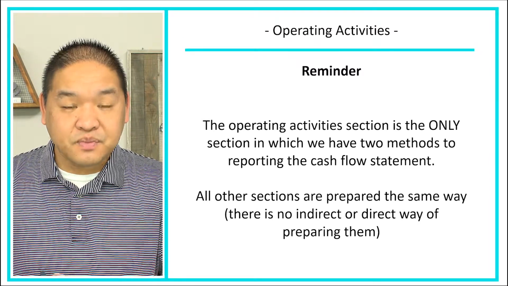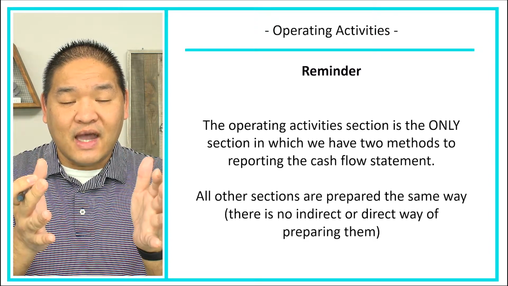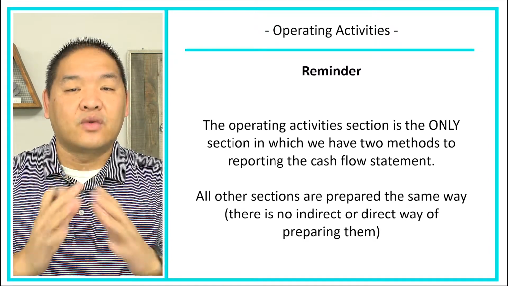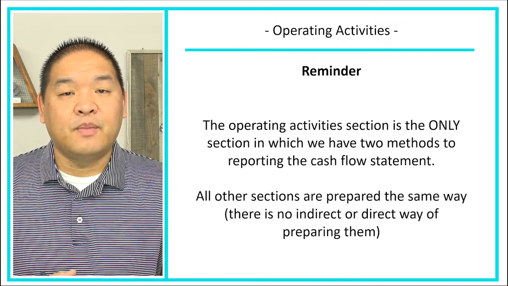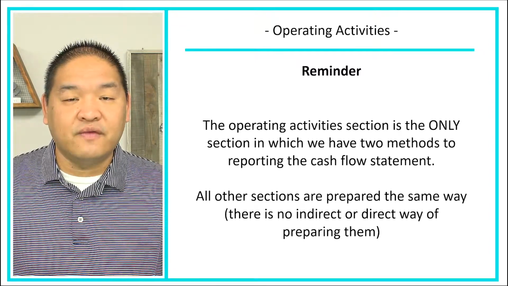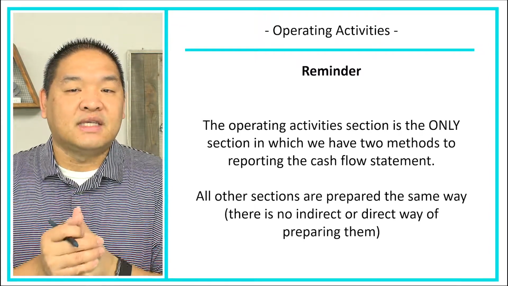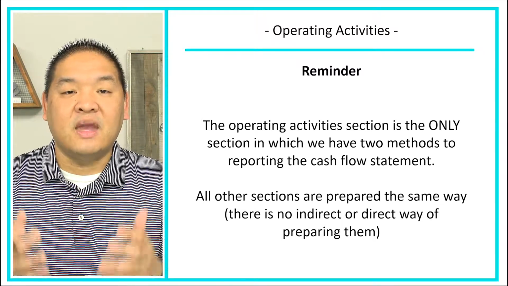It's either indirect or direct for the operating activities, and then the rest is prepared the same way. So we're going to spend a little bit of time helping you understand one of these methods for the operating section, and then we're just going to show you investing and financing, because it doesn't matter if you use the indirect or the direct method, they're prepared the same way.